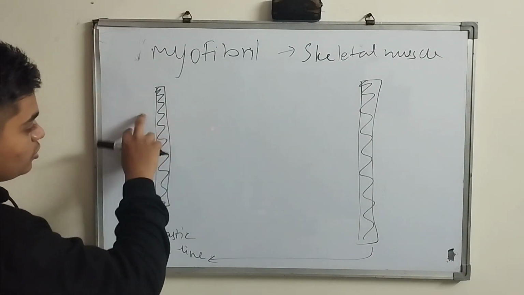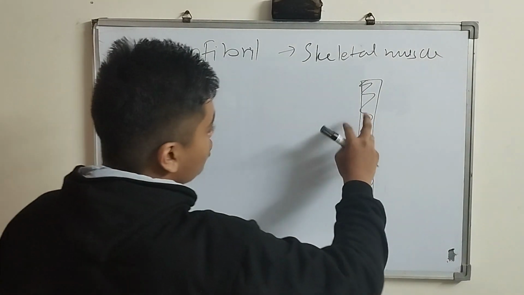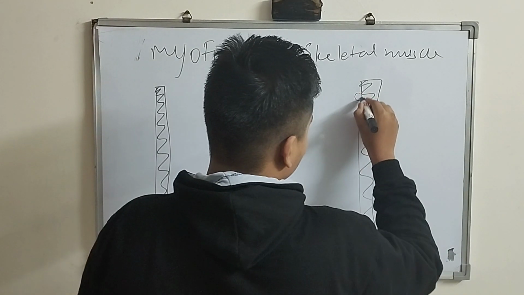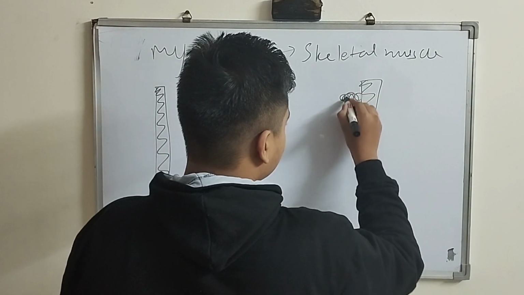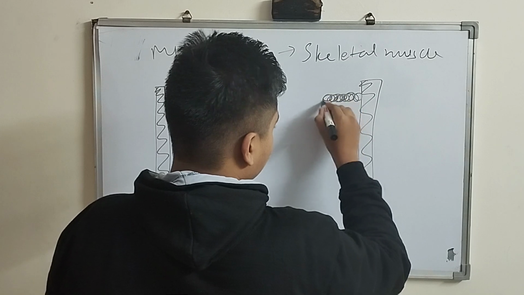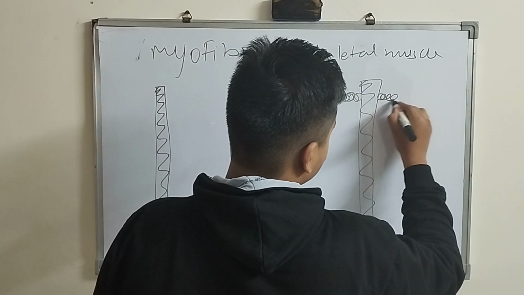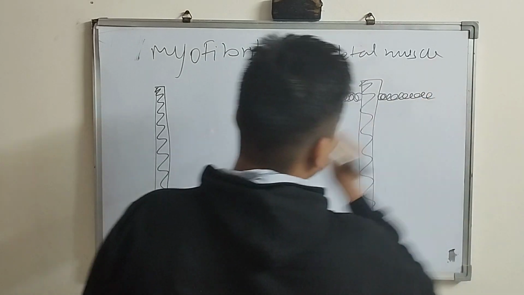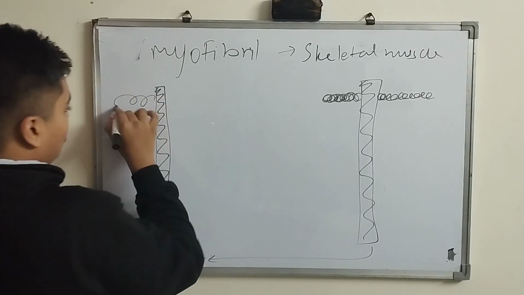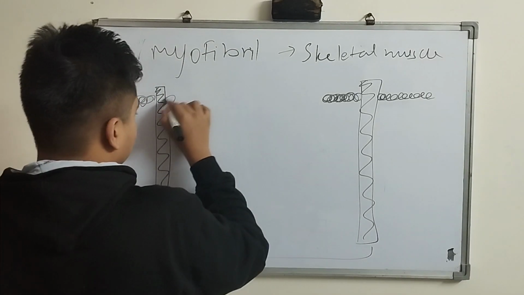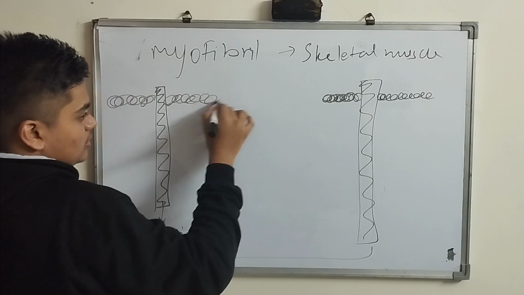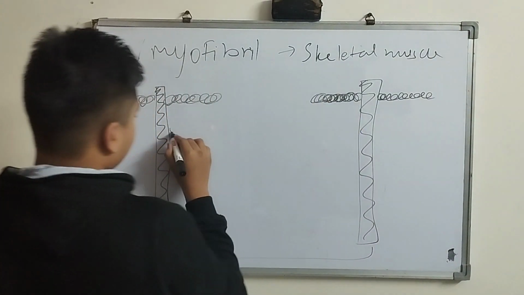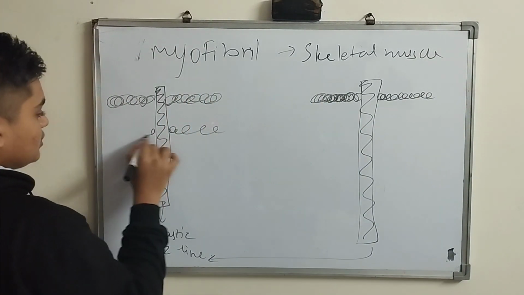Now on each side of this Z line you have the attachments of actin filaments. These are your actin filaments on each side, like this.